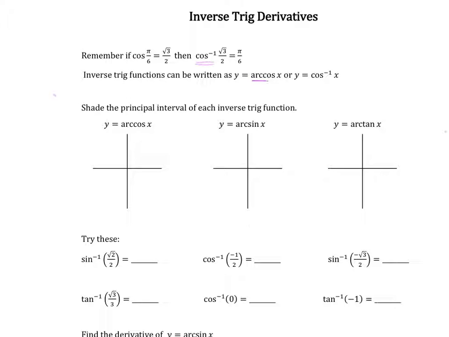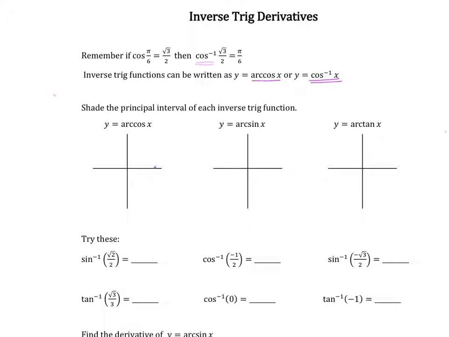So again, we can write them as arc cosine or this notation, inverse cosine, and they mean the same thing. If you recall, there are only certain intervals that you look at when you're doing the arc trig functions.